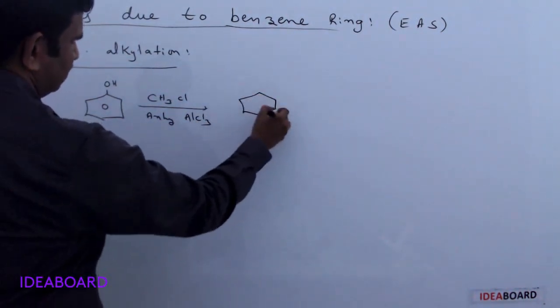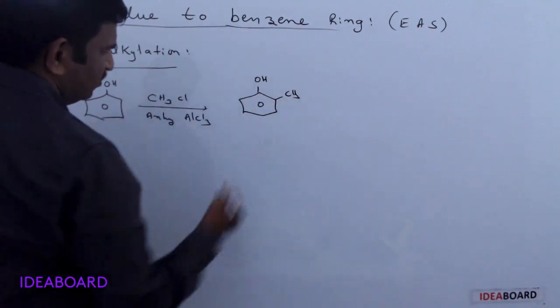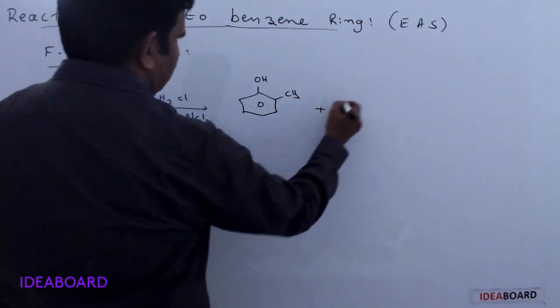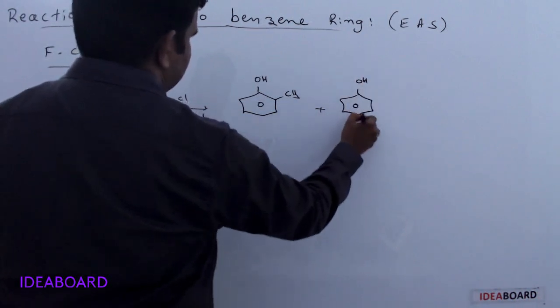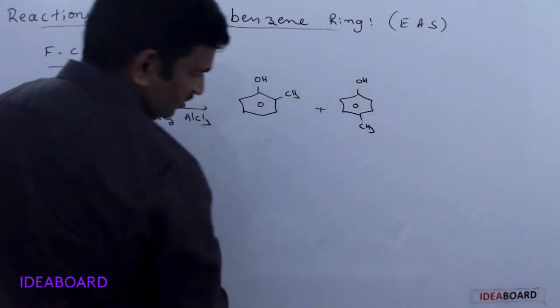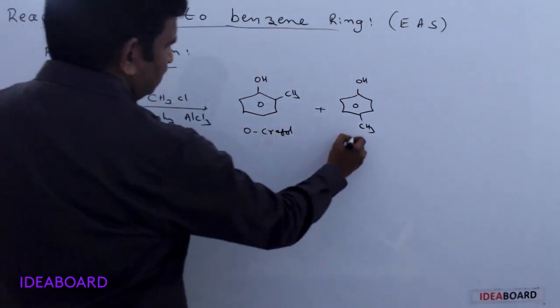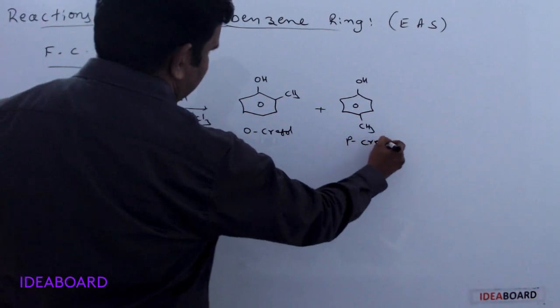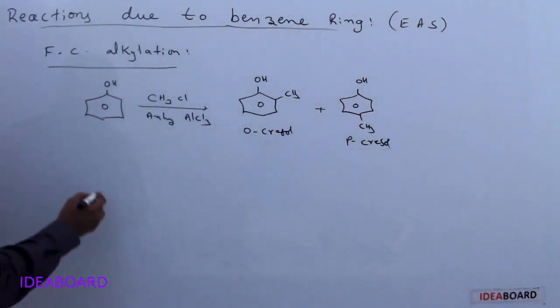It forms OH and an alkyl group at the ortho position or the alkyl group at the para position, OH and CH3. This is called orthocresol and this is called paracresol. So an orthocresol and paracresol mixture is formed.